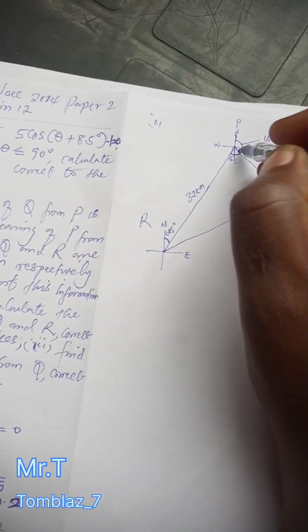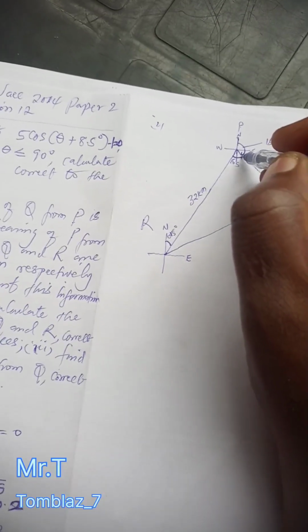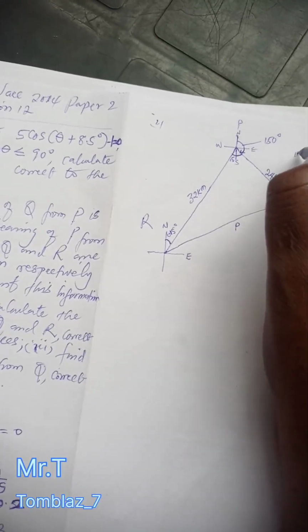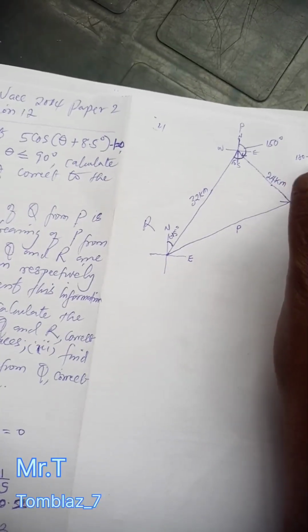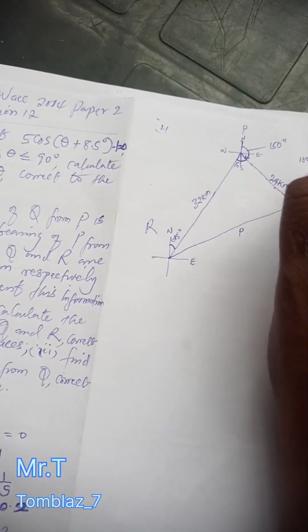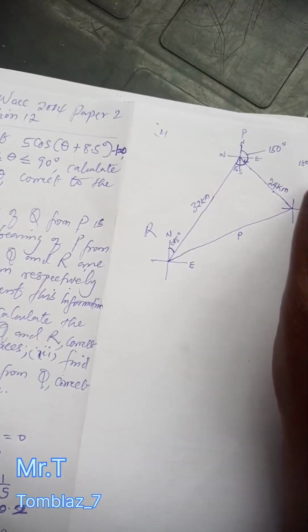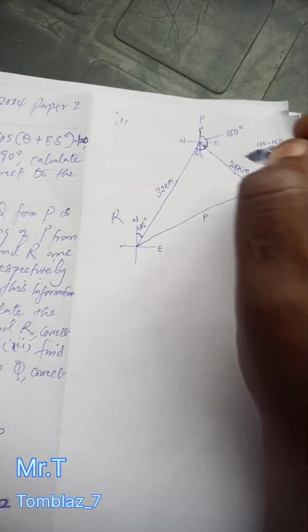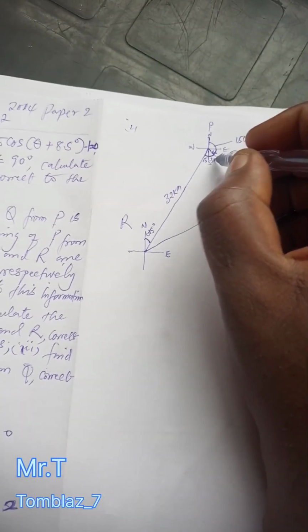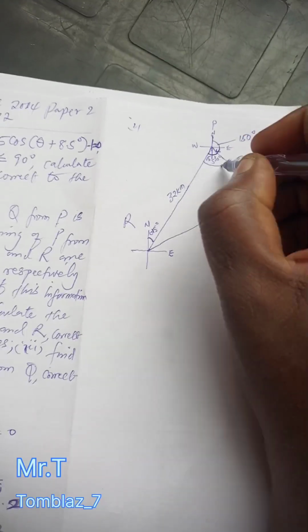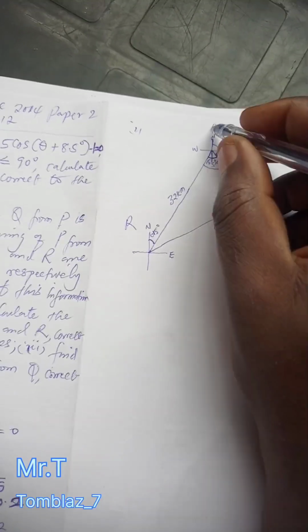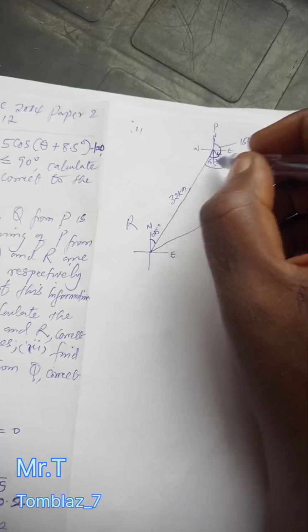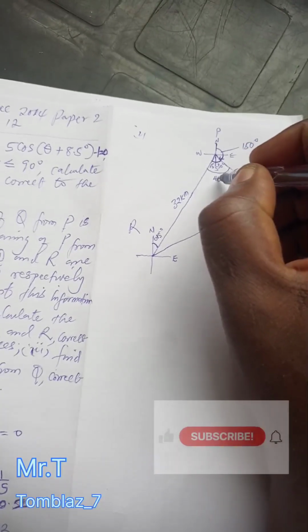And it stopped here. So what is this remainder? This remainder now will be 180 minus 150, which will give you what? 30 degrees. Right? So this place becomes what? 30 degrees. So the entire angle here at P will give you 15 plus 30, which is 45 degrees.